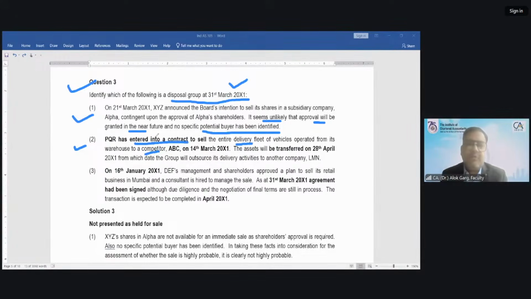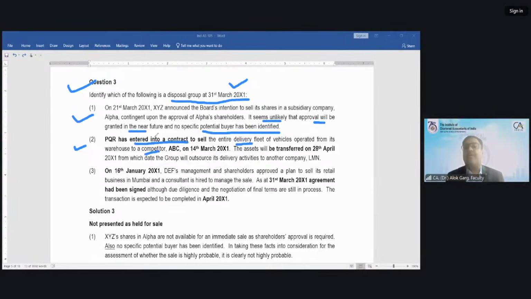Okay, PQR has already entered into a contract to sell what? The fleet of vehicles, a bunch of vehicles, operated from its warehouse to a competitor ABC on 14th March 20x1.